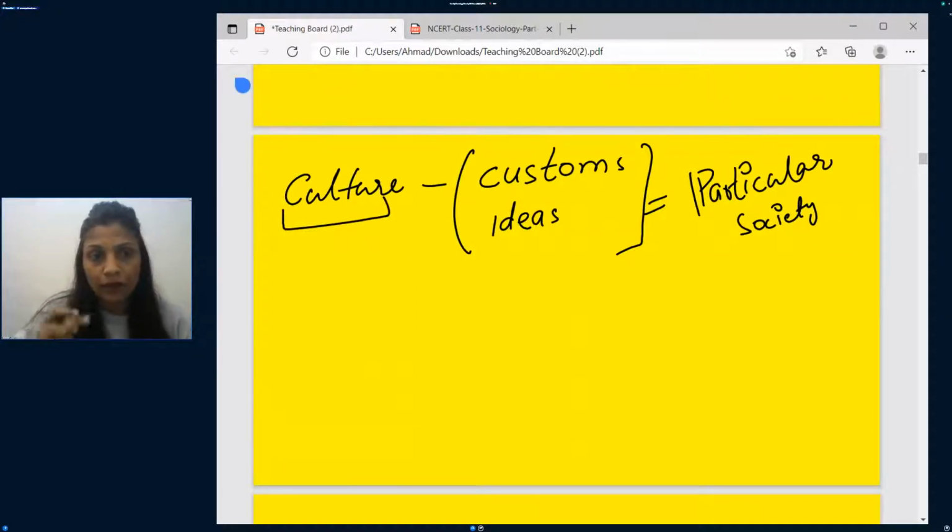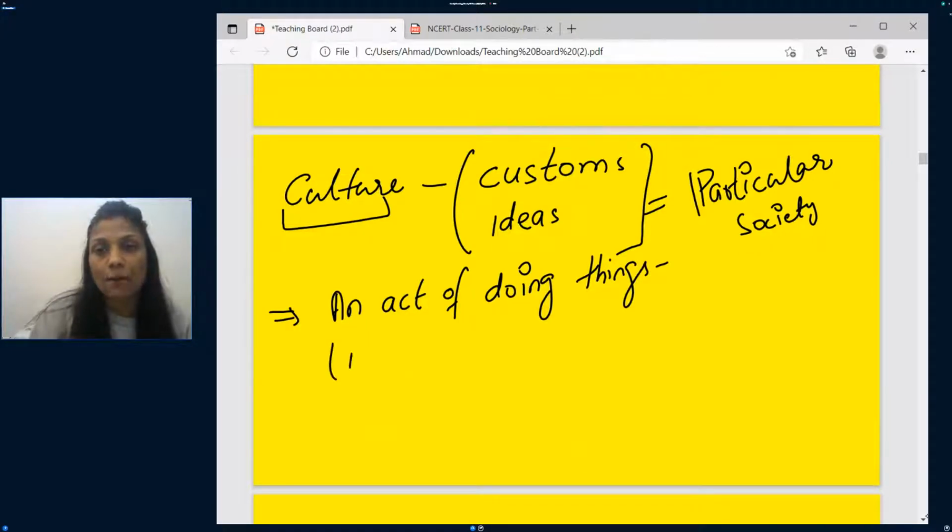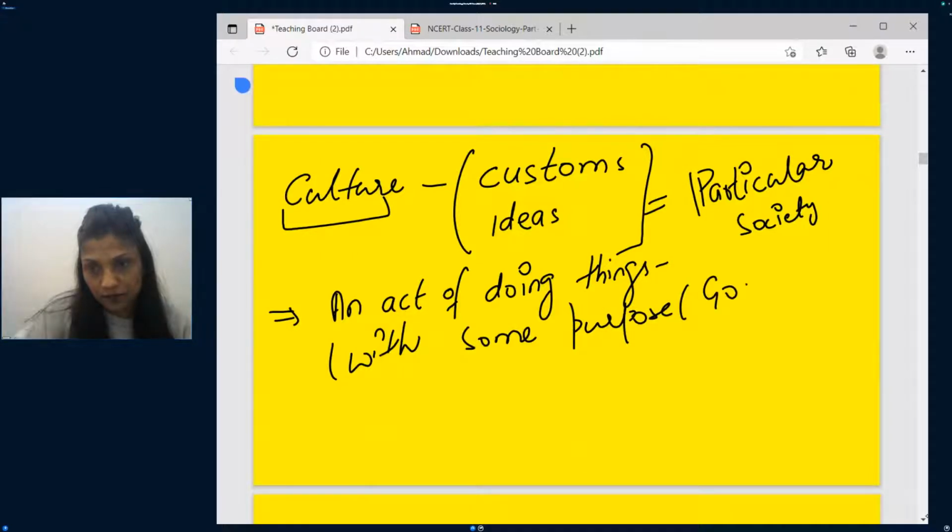Actually, culture is an act of doing things with some purpose. That is, it has some goals and we act to achieve them.